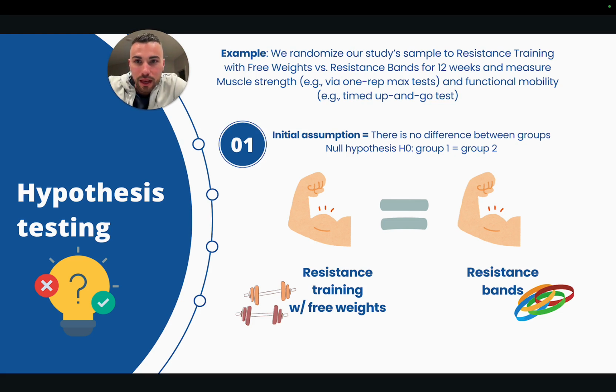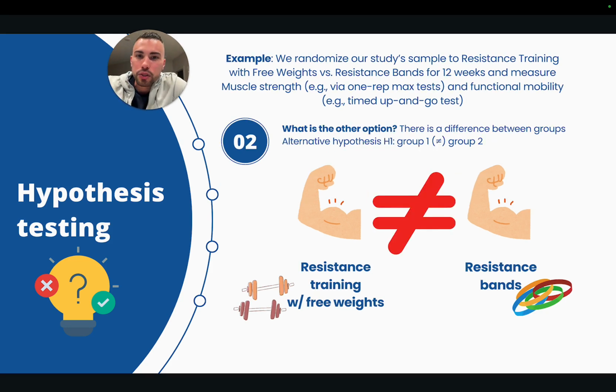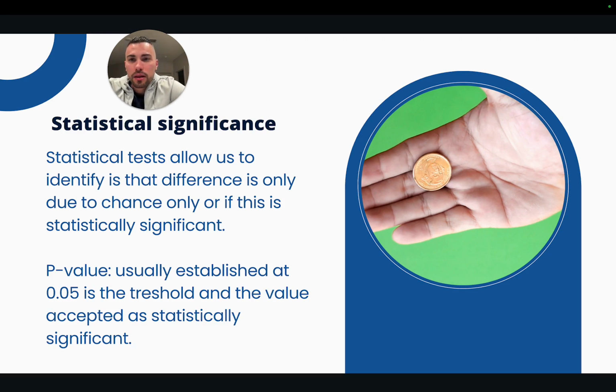We believe that there is no difference between the groups. But then we want to prove the opposite. Our alternative hypothesis will be that there is an actual difference between resistance training with bands versus free weights, a difference that we are noting.